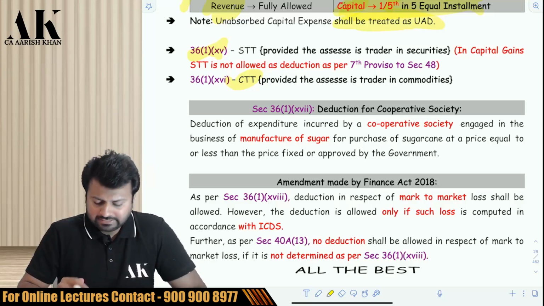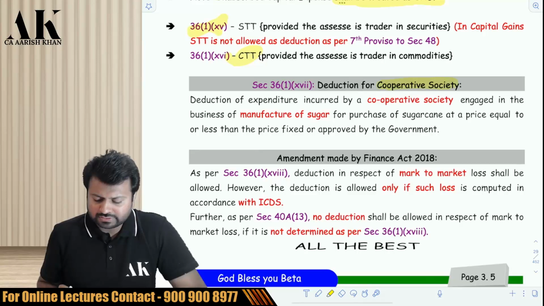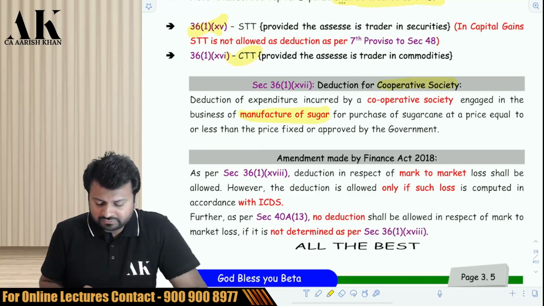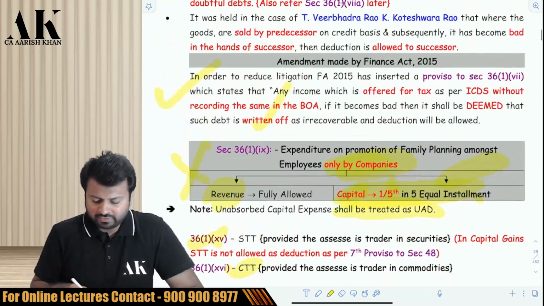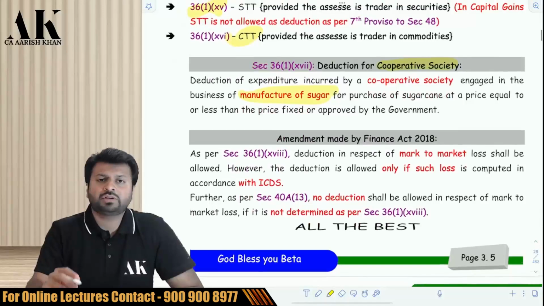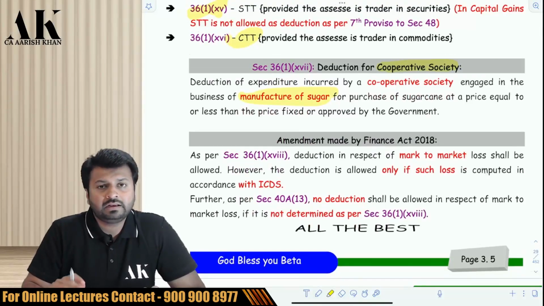Okay. The next deduction is especially for cooperative societies engaged in the manufacturing of sugar. A sugar manufacturer would require sugar cane. So this deduction is only for cooperative societies, like the earlier deduction was only for companies. So what kind of deduction is this? Listen carefully.